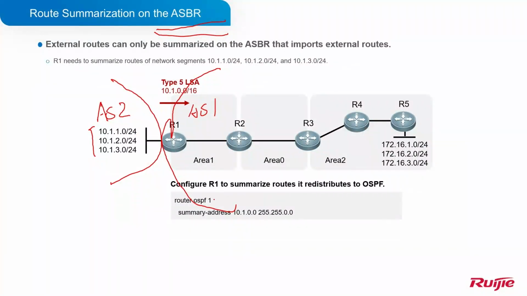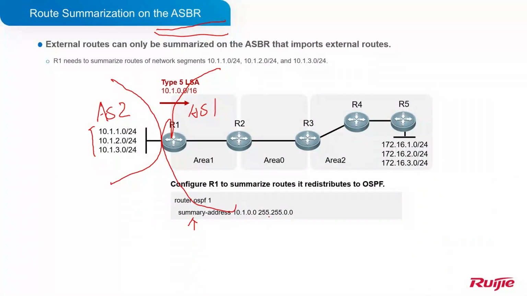So here is the command. We enter router ospf 1, and then enter this command: summary-address, and the summary segment is 10.1.0.0, and the net mask is 16.